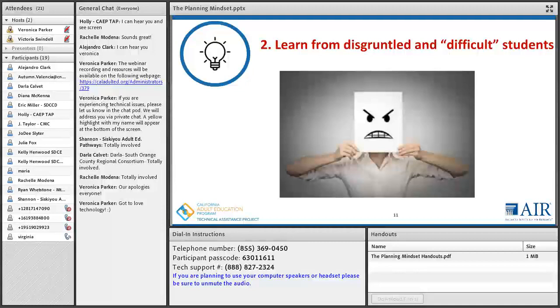For example, there was a person who came into the One Stop Career Center. They waited for over an hour. They finally got in to see a staff person. And then the staff person said, well, you need to have this document with you, which they didn't.